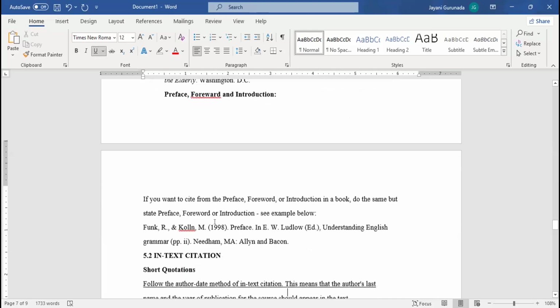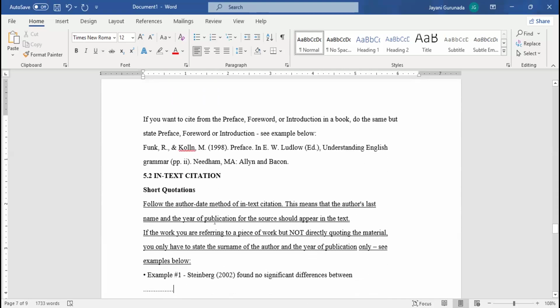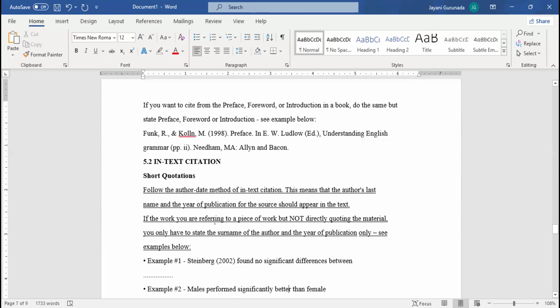Okay. Then for in-text citation, follow the author-date method of in-text citation. Author-date, not just the year, right? This means the author's last name and the year of publication. I said the author's last name. For two authors, Funk R. and Colin, it is Funk and Colin 1998.